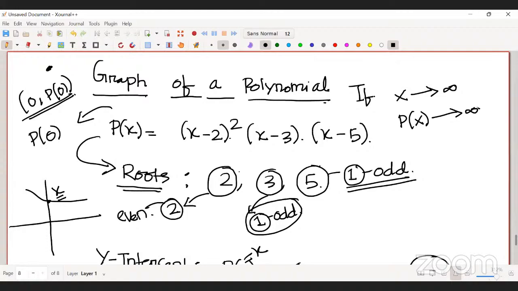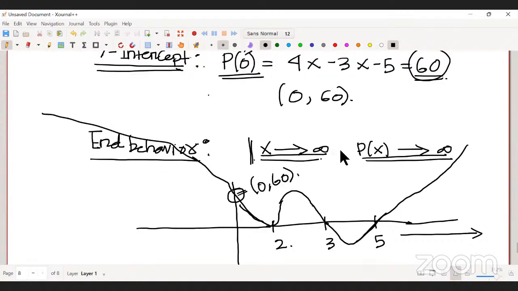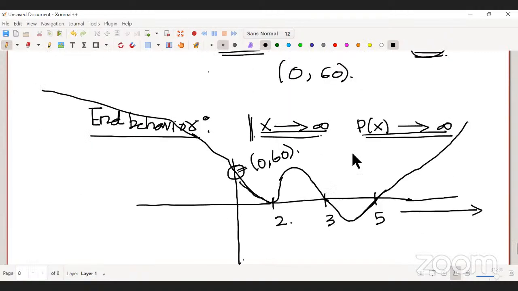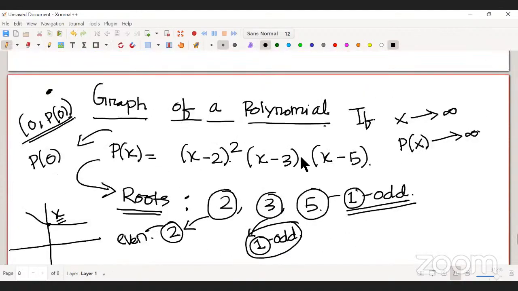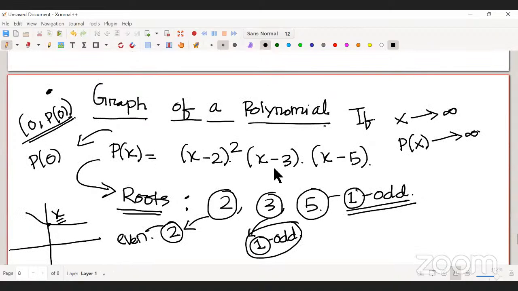Sir, how will you find the end behavior here? Because the leading coefficient is positive, it tends to positive infinity. In p of x, what is the leading term? The highest degree of x.